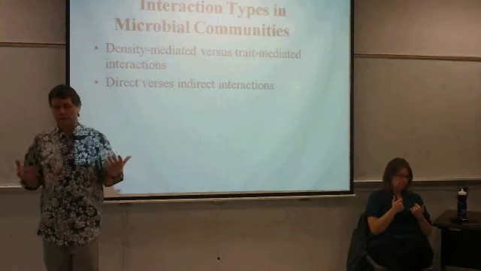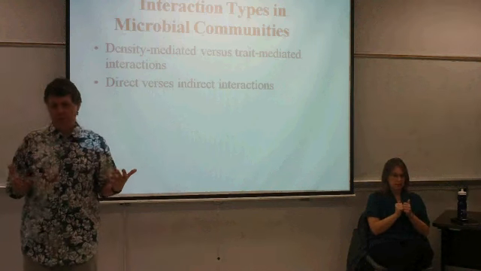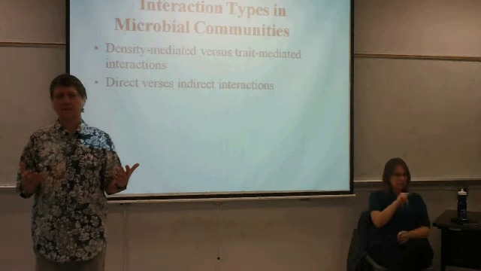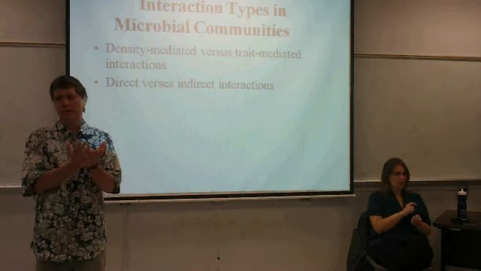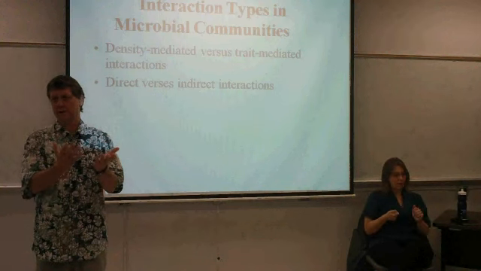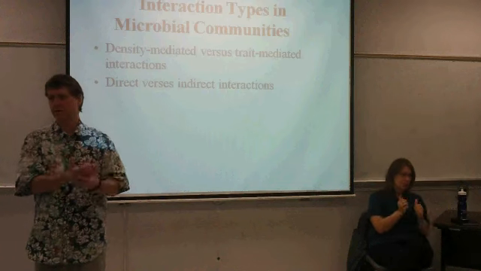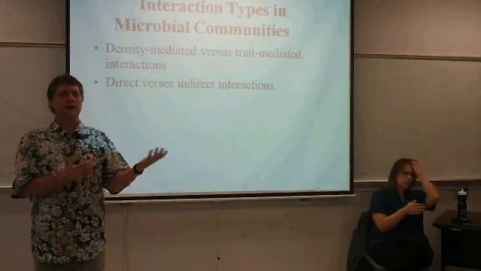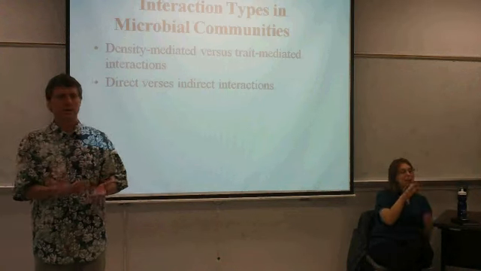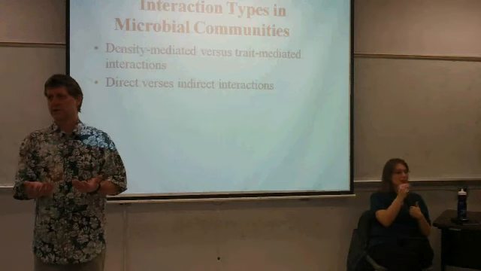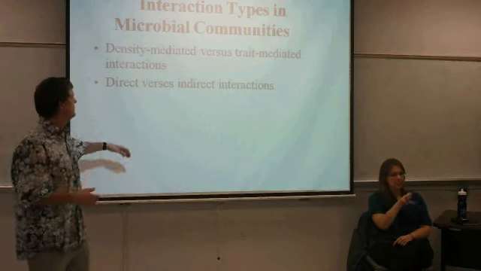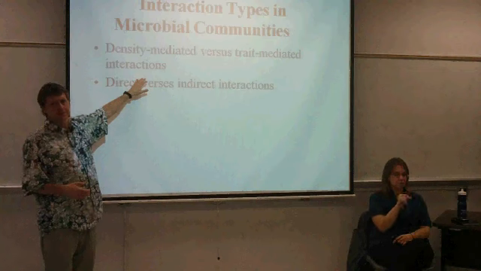Or a competitive niche specialization, where you've essentially evolved away from competing with another organism by specializing on one part and the other organism specializing on the other. We've talked about high light versus low light species, or high nutrient versus low nutrient species. All of those would be trait-mediated interactions.